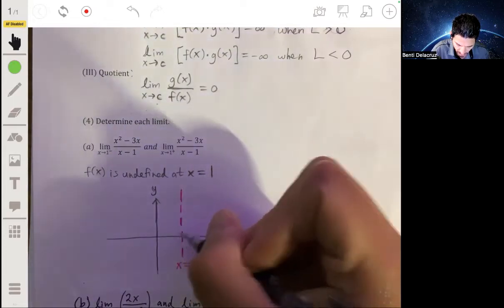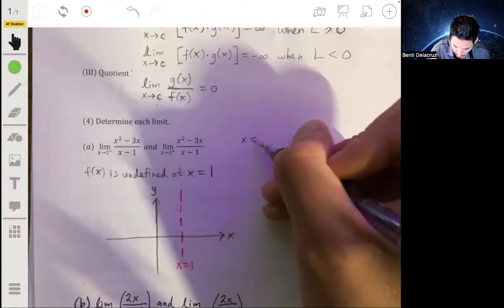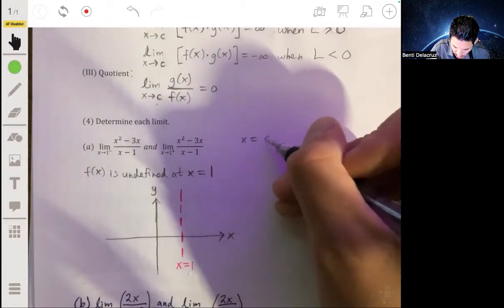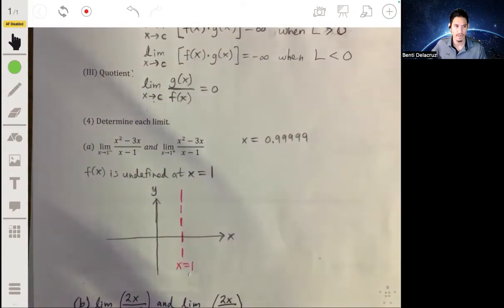Let's look at the left side limit. Say x is on the left side, x is 0.99999. Let's literally evaluate that.